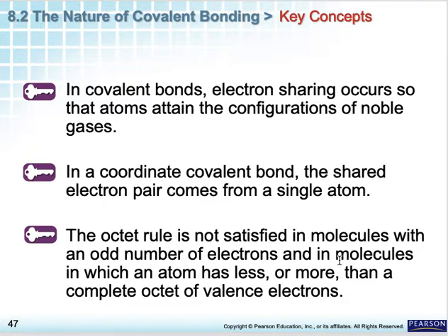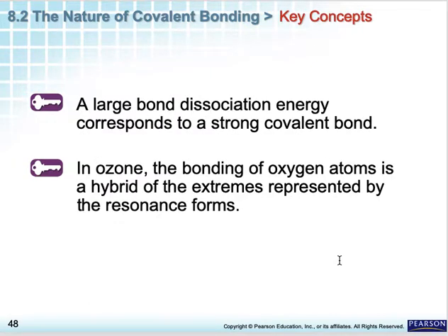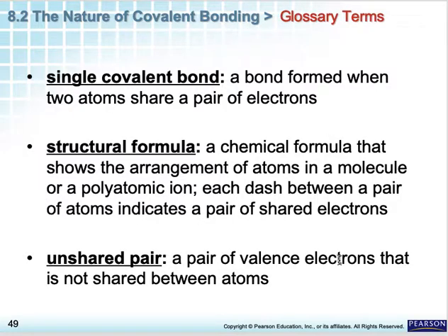The octet rule is not satisfied in molecules with an odd number of electrons, or in molecules in which an atom has less or more than a complete octet of valence electrons. Large bond dissociation energies correspond to a strong covalent bond. Ozone is an example of bonding in atoms that have extremes represented by resonance forms.